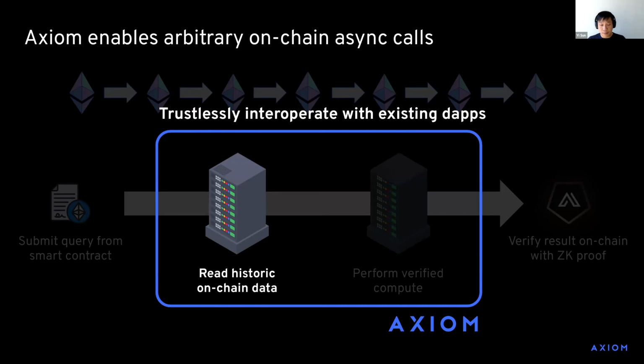Today, applications have to think carefully about what aspects and side effects of their transactions they might need to reference later. If you don't store that in state, then it's gone forever for on-chain usage. With Axiom, you can read that data and later make use of it, even if you didn't anticipate that usage at the time of deployment.